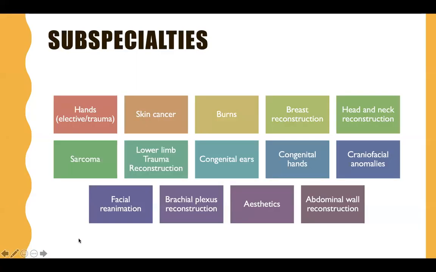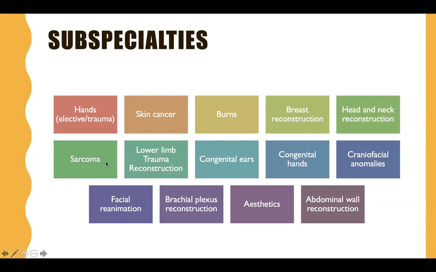So there are lots of subspecialties in plastic surgery. I think there's 14 or so, and I don't think this is exhaustive at all. But hand surgery, skin cancer, and burns are the bread and butter of plastic surgery.